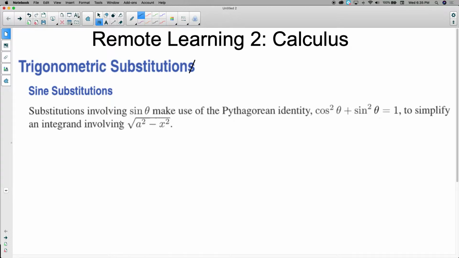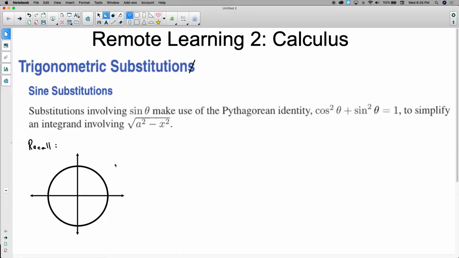So recall something from Algebra 2, or perhaps pre-calculus. This is usually in a conic section part of a chapter, or analytic geometry. First I'll remind you about a circle. If you have a circle centered at the origin, then there's an equation that goes with that, as you know, really quite easy.